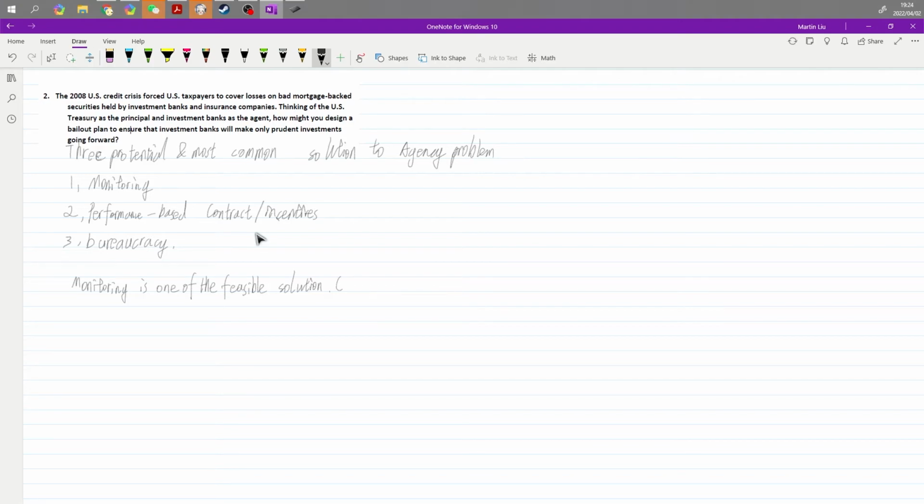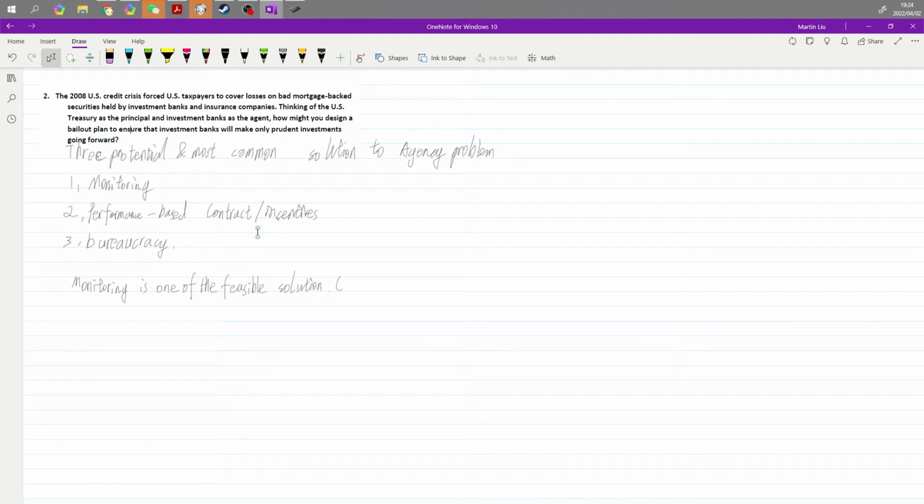You can require a firm to make more careful disclosure to regulators, and also, as the US Treasury, they can send people into the investment bank and check on 1 in every 10 transactions to see what kind of investments they are making.